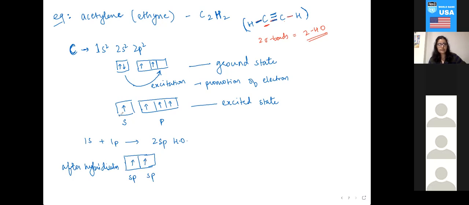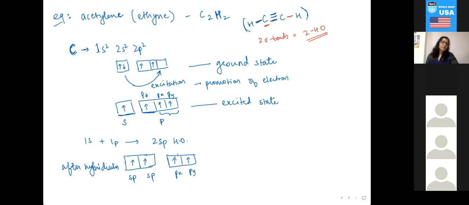And only because 1 s and 1 of the p orbitals have hybridized, the other 2 are going to remain as they are. So the other 2 p orbitals, px and py, will remain as they are. So if we say sp, it means 1 s and 1 p. That's it. Correct. Just 1 s and 1 p. The 1 doesn't stand like this; we're just indicating how many s orbitals are there.